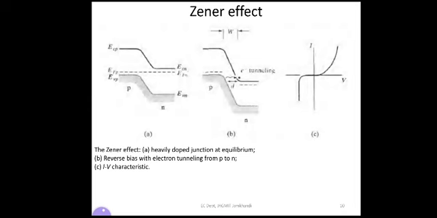The Zener effect is a type of electrical breakdown that occurs in a reverse biased PN junction.